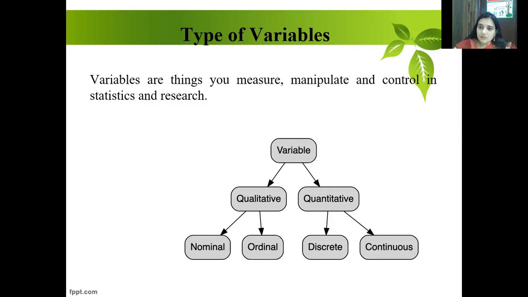Then quantitative. When we talk about quantitative variables, these are any data sets that involve numbers or amounts. For example, it might include height, distance, or number of items. Height can be measured and it is basically continuous, right? Or distance can also be measured.